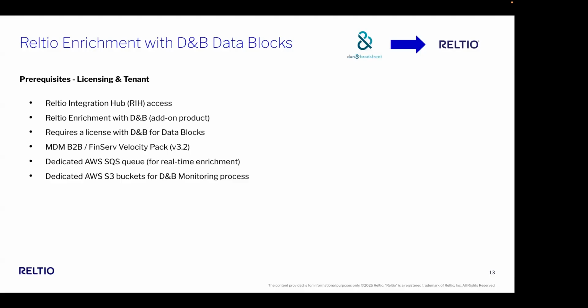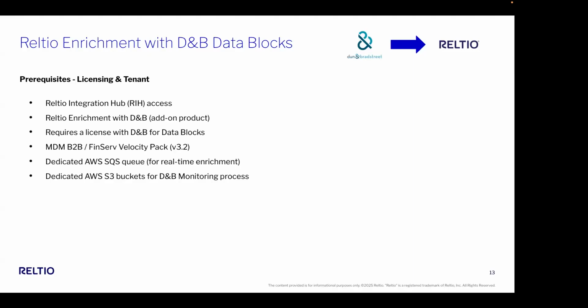Even if it is lower than this, it doesn't stop you from adopting the solution, but there will be some exercise in understanding the differences, which could involve remapping certain attributes to ensure that you're in sync with the baseline integration. There may be additional attributes, or they may be modeled differently in case you're on an older version of a velocity pack. So if you're on B2B velocity pack version 3.2, this baseline integration starts from the word go.